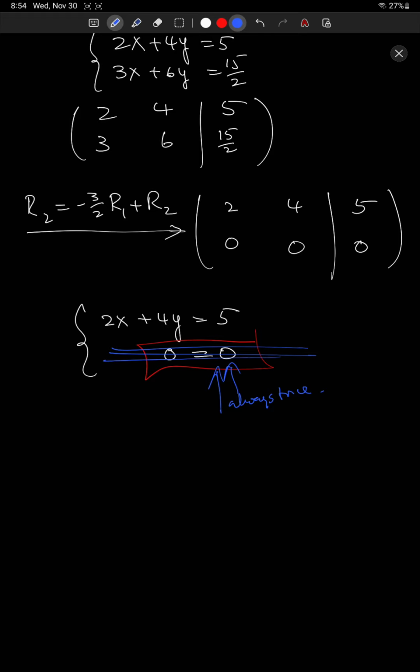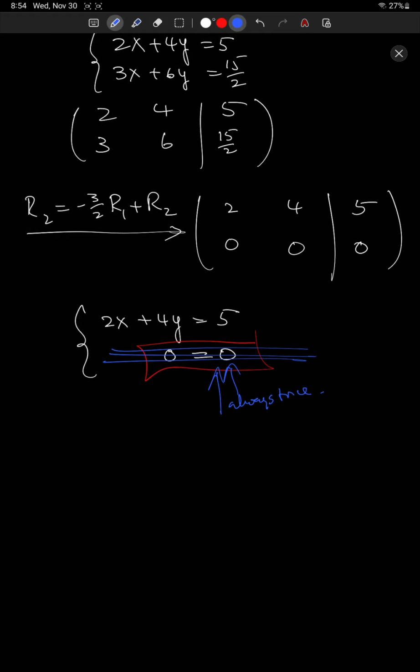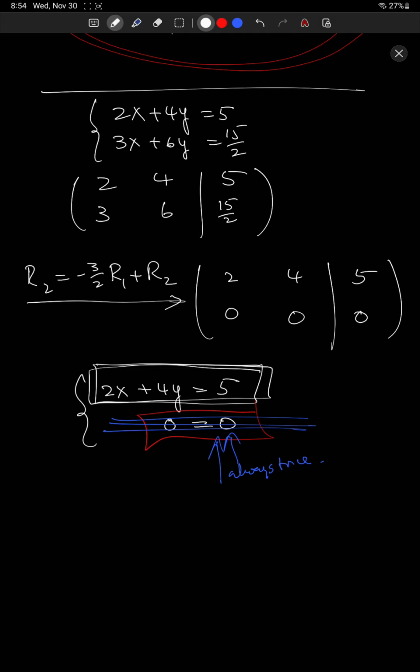We might as well just erase it. It doesn't provide anything to our problem, all right? So in effect, this problem only has one equation, all right? And so what's happening is there's going to be an infinite number of solutions because these two guys actually describe the exact same line, right?